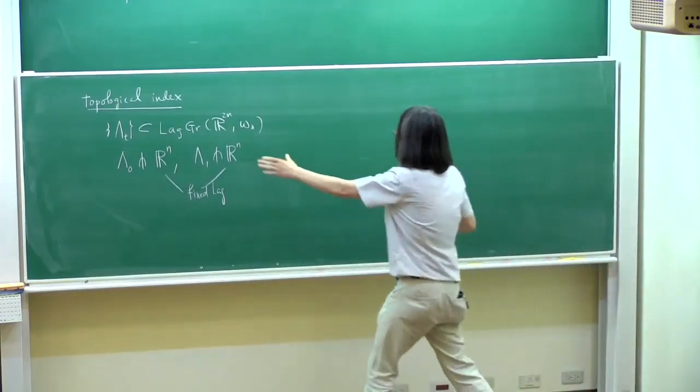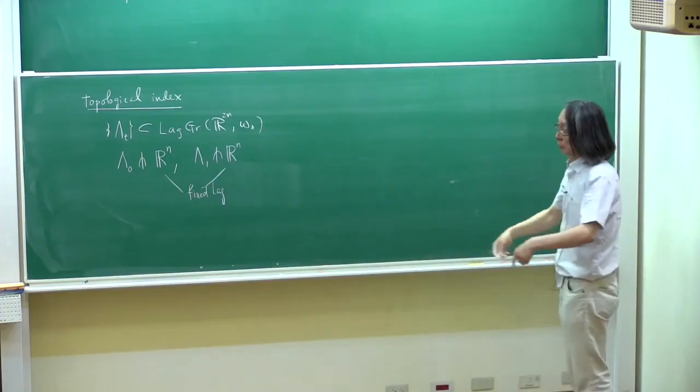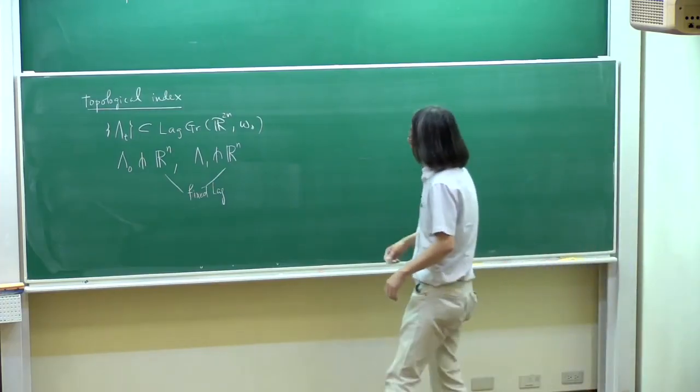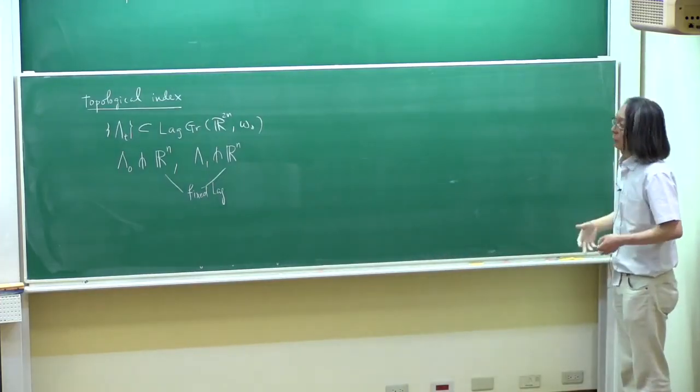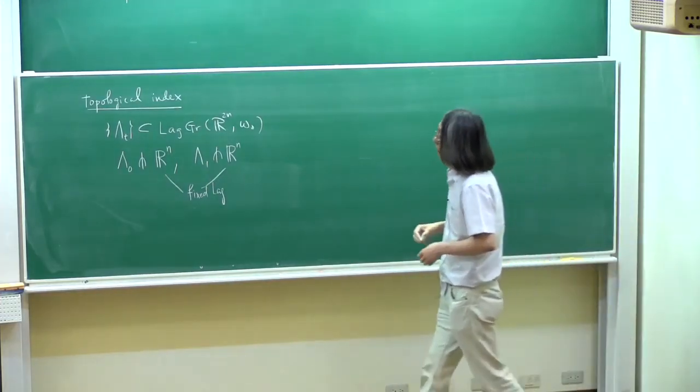Here you consider all possible Lagrangians, but now we can also consider Lagrangians which are not transversal to this fixed Lagrangian.